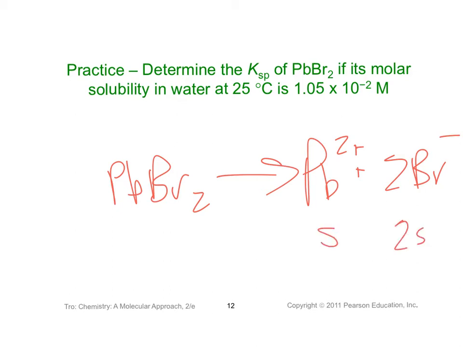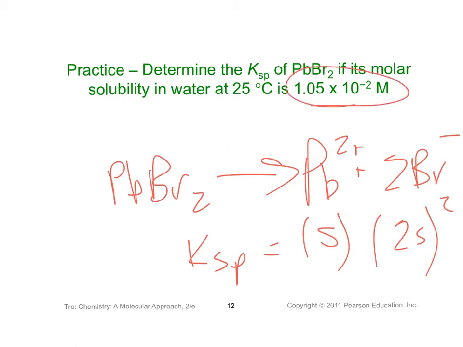It's going to be S to the first times 2S squared, which equals the Ksp. And this is the solubility at 25 degrees C, so that's S. Put one there, and solve, and we'll get the Ksp.